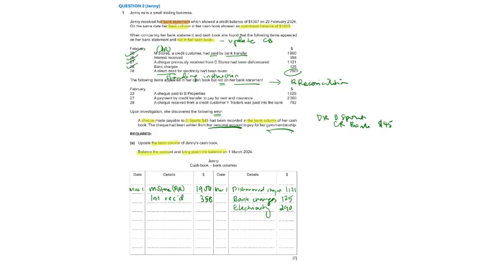So that's the error, taking it out as if it's a normal business transaction. So you have to correct the error. You have to add back the money because over here what you did was you credit bank. So what's the error? The error is that this is a personal transaction, so you have to add back.